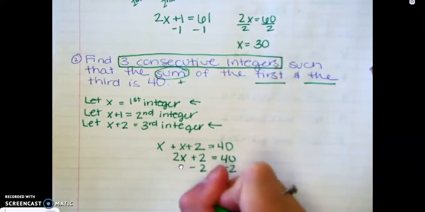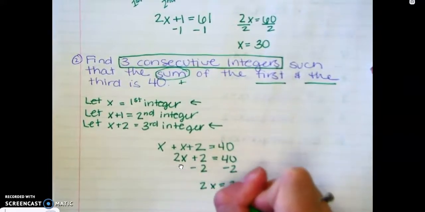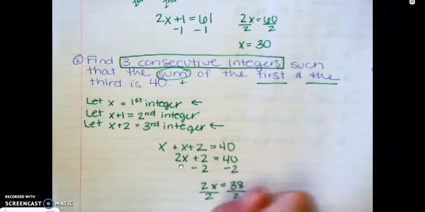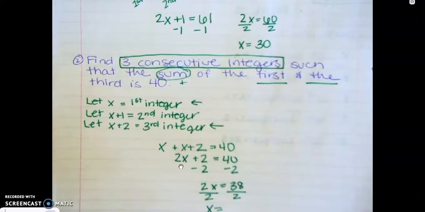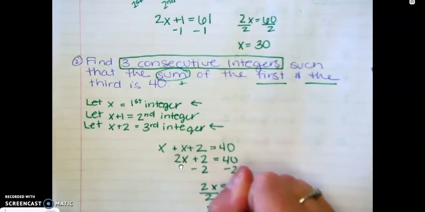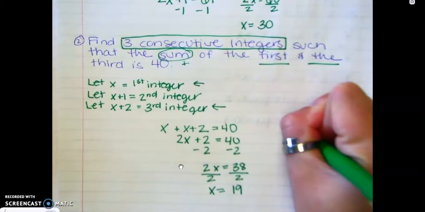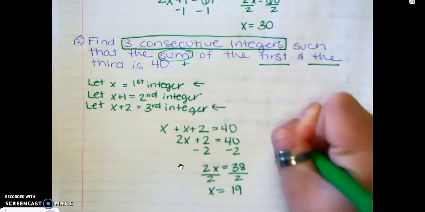Subtract 2 on both sides. I get 2x equals 38. I'm going to divide by 2 on both sides, and I get x equals 38 divided by 2, which is 19. So I know that my first integer is 19.